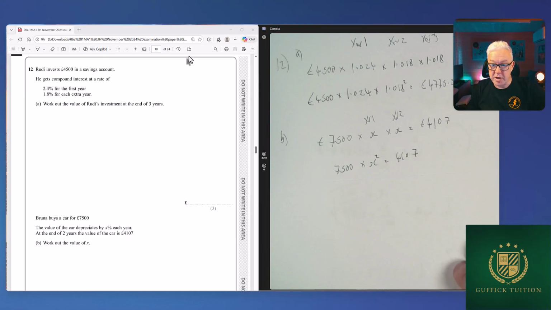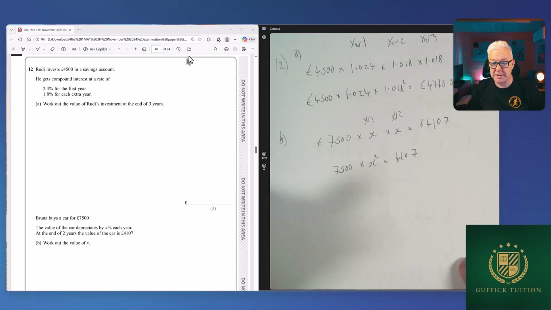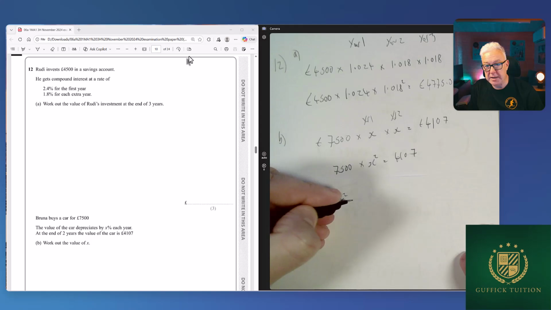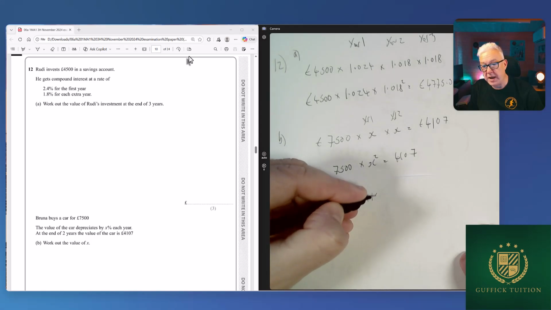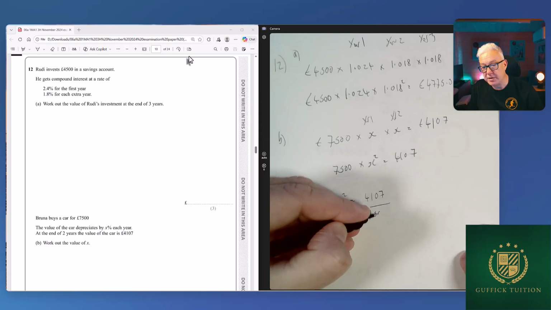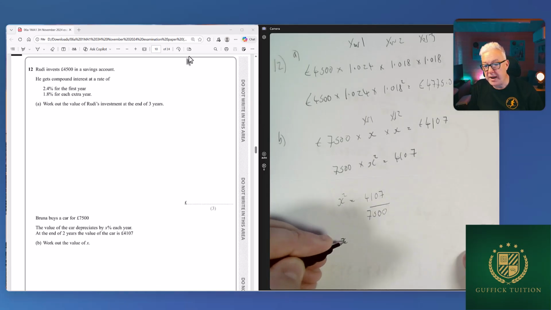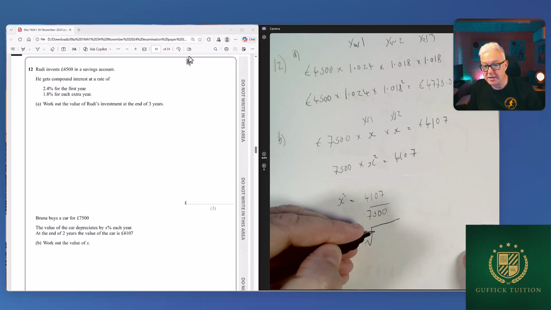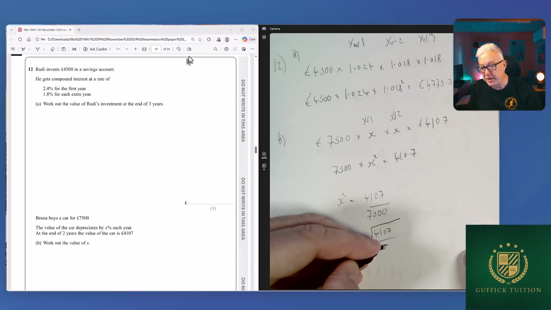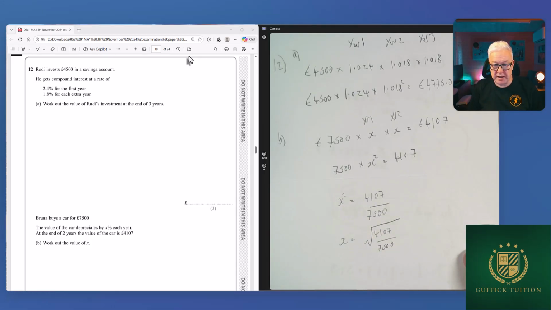So now we need to rearrange this in order to find out what x is. So therefore we're going to say that x squared is equal to 4,107 divided by 7,500, and then x is going to be the square root of that. So 4,107 divided by 7,500, and that whole thing is square rooted.